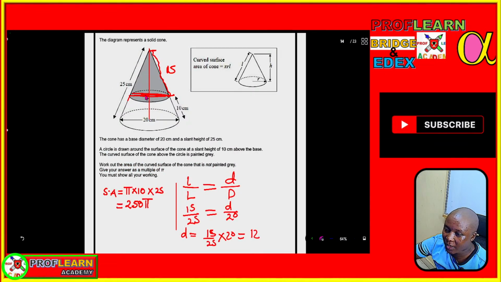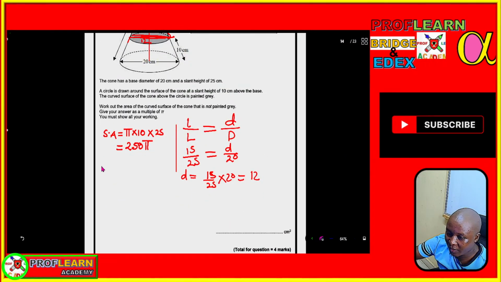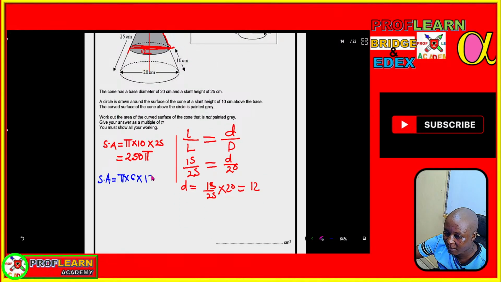Because now the diameter is 12, we can find the surface area for the small cone. It is pi times the radius, which is 6, times the slant length, which is 15.